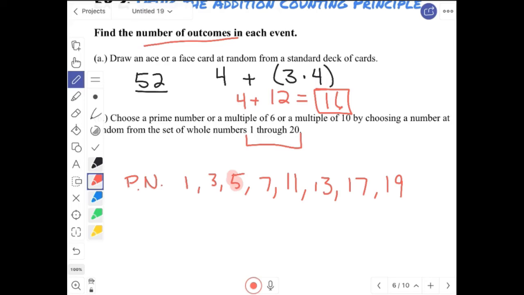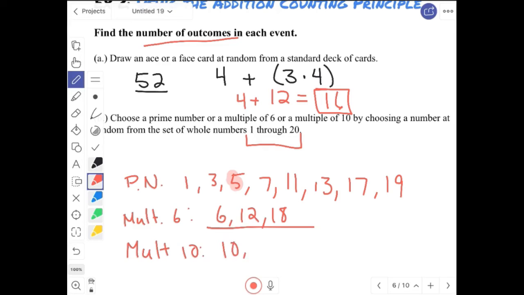The second thing, we have to look at multiples of 6. So that would be 6, 12, 18. That's going to be it there. And then last, multiples of 10, which is just going to be 10 and 20. Okay, so my outcomes are all of these things added together.